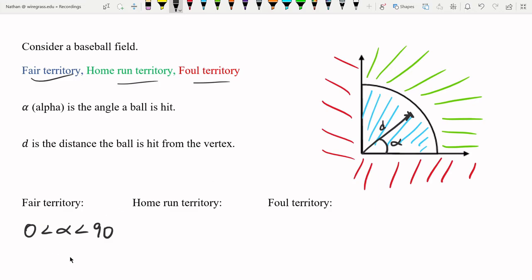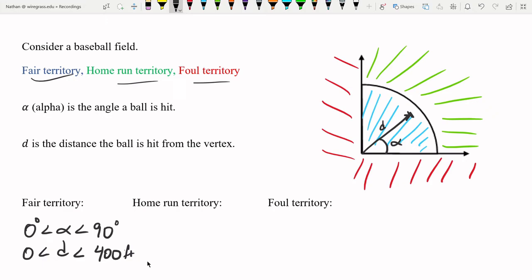Now, the distance, we're going to say it can't be 0 and it cannot be more than about 400 feet. That's on average where the home run line is. So the angle is between 0 and 90 degrees and the distance is between 0 and 400 feet.